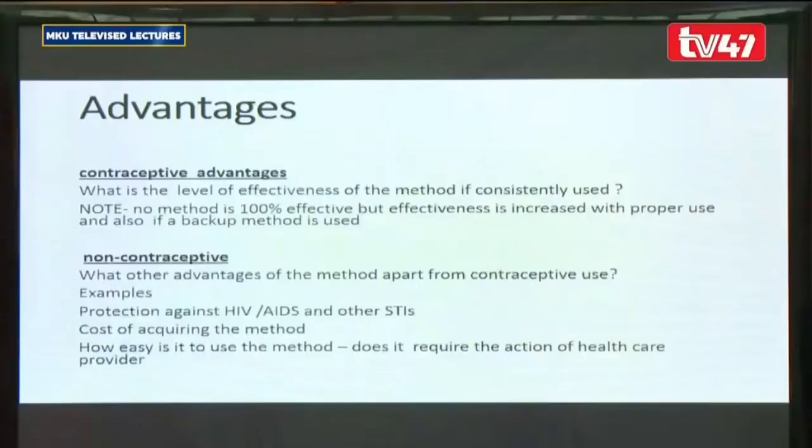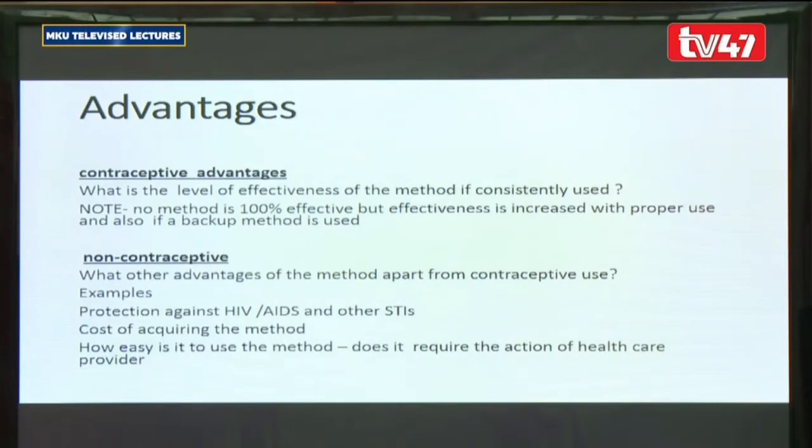The other thing is advantages. You have to explain to the client the advantages, both contraceptive and non-contraceptive. The contraceptive advantage is the level of effectiveness of the method if consistently used. But remember, no method is 100% effective; effectiveness is increased with proper use and also if a backup method is used.